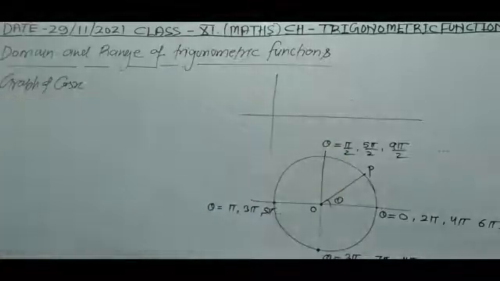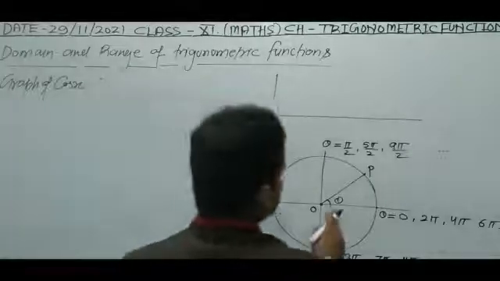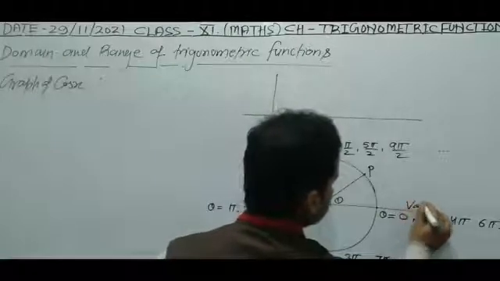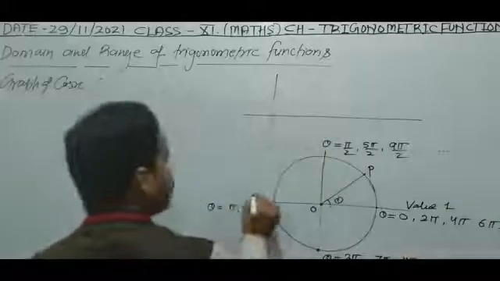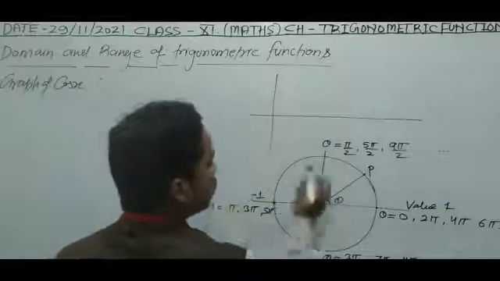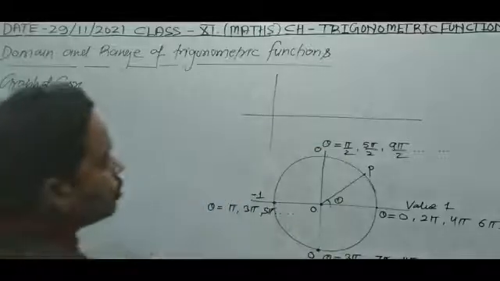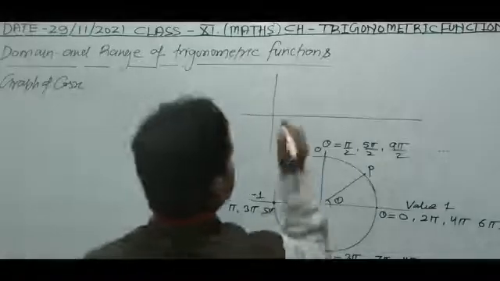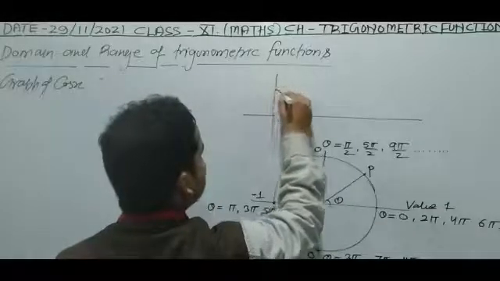So it is clear the value of cos 0 degree is 1. At this point the value is 1. This is -1. This is 0. So when you draw the graph, you will see this type of curve.